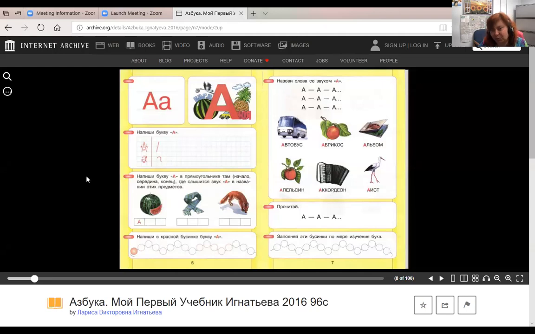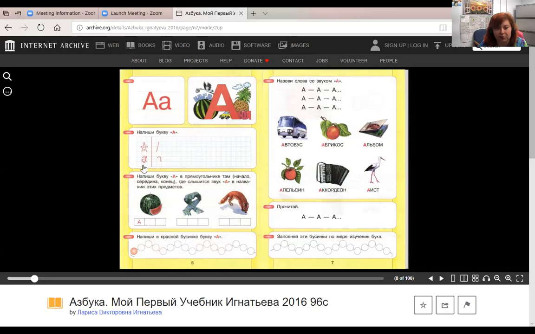Okay, so let's start from the beginning. This is the alphabet book, one of the books the children use to learn how to read. So it shows the letter and different words that start with this letter. In the Russian language, bus, автобус, starts with A. This is the first letter of the alphabet, A. Can you see that? Yes. Abrikos, which is apricot, альбом, album, апельсин, that's the word in Russian for orange, accordion, accordion in Russian, and аист starts with A, stork.